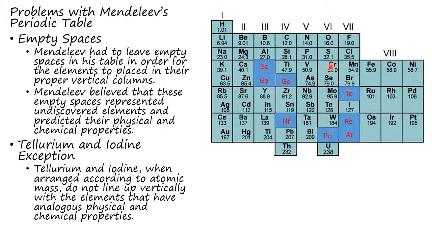Mendeleev had to switch these elements' placements on the periodic table so that his periodic table made sense. And because of this, Mendeleev's table wasn't taken too seriously due to the fact that there were these empty spaces, and also due to the fact that when arranging elements in order of increasing atomic mass, you have this exception between tellurium and iodine.